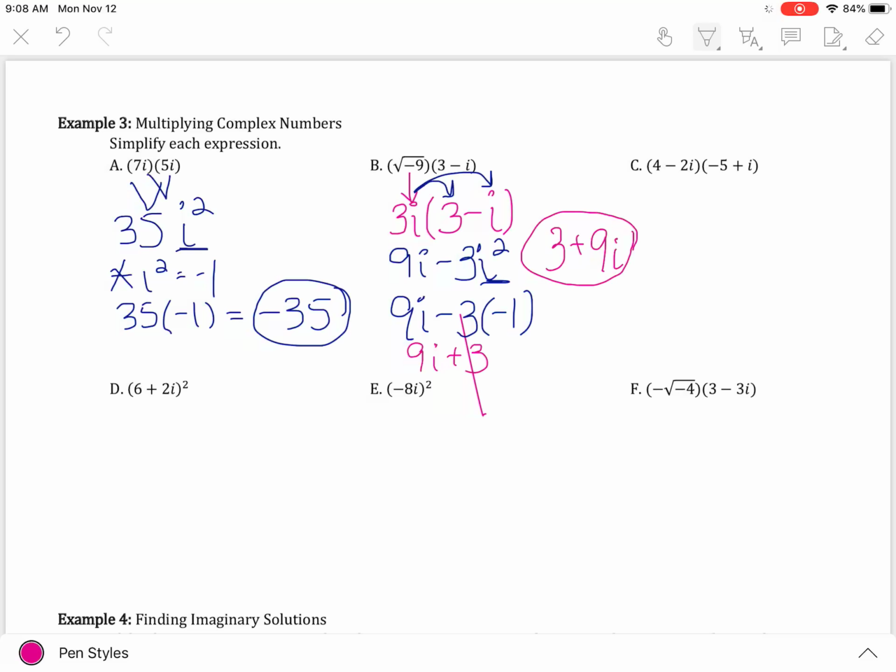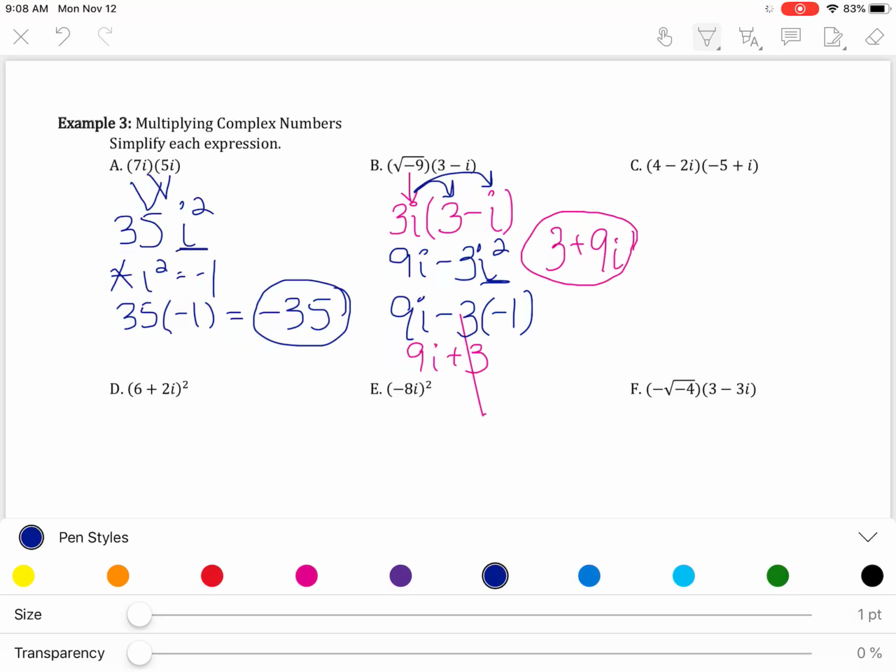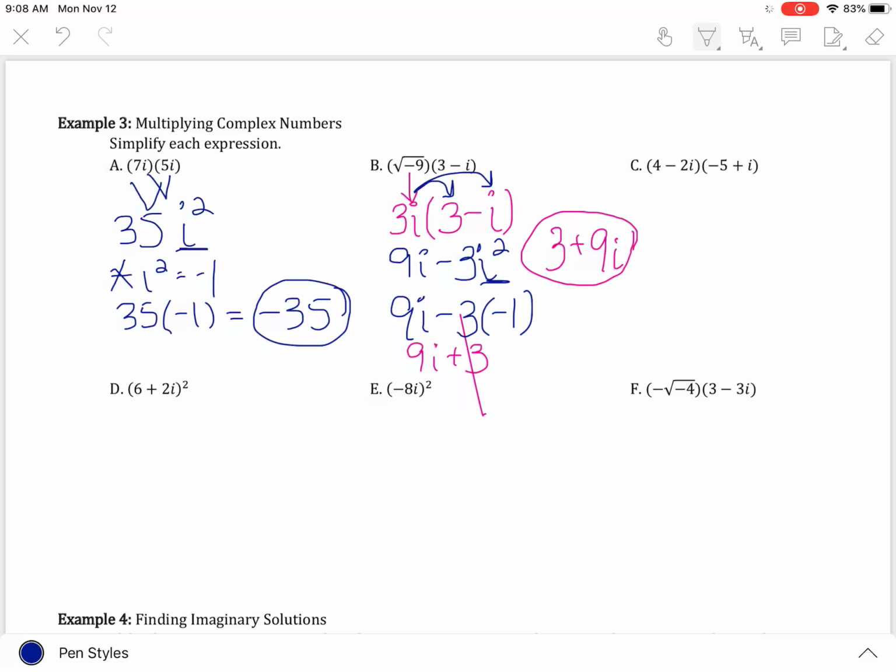Now with your next example in letter C, letter C has the distributive property, or you can use the FOIL method. I'm going to show you with the distributive property just so we can make sure that we all are following the right steps. So I'm going to distribute 4 to the negative 5 and the letter i. You can rewrite that as 4 times negative 5 plus i.